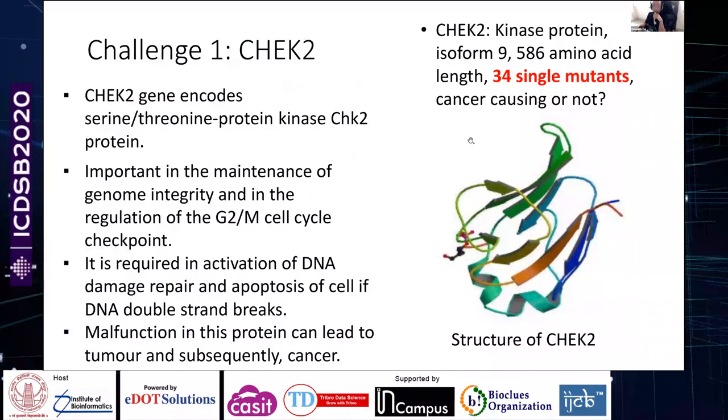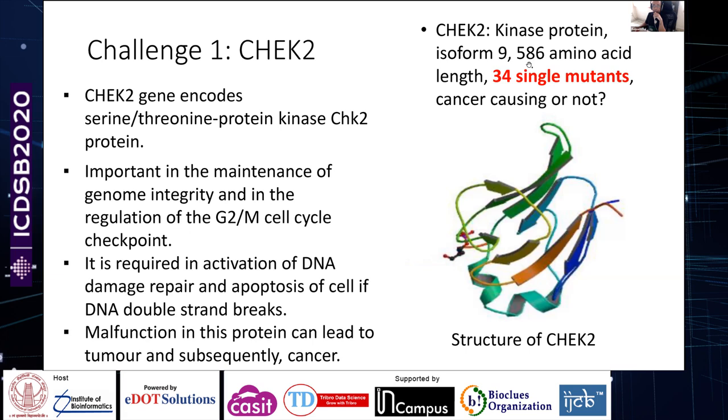There were many other targets, but for the sake of time, I'm going to tell you about only two. The first is a challenge in which you have to predict the alteration of the phenotype for 34 single mutants. This is a protein called CHEK2, which is a kinase.